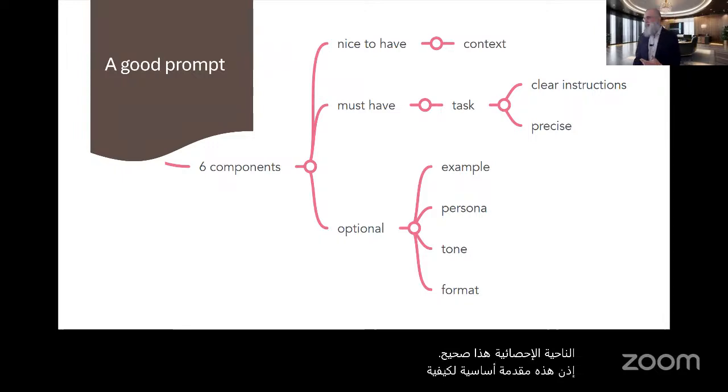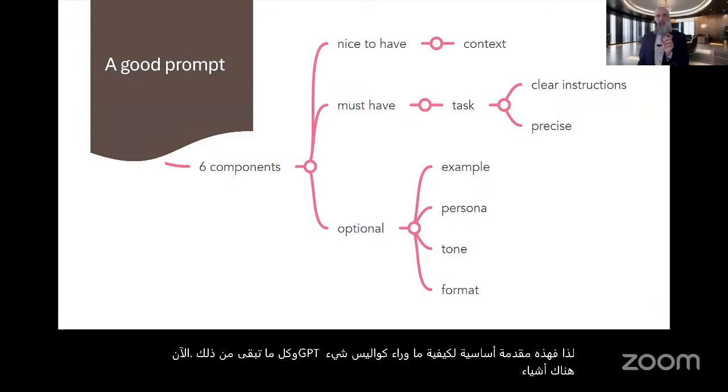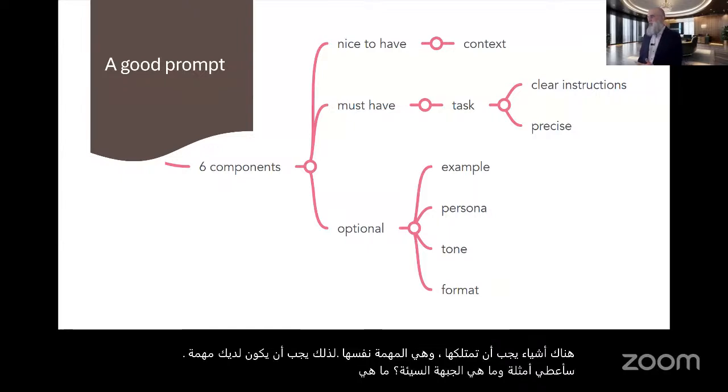rest. Now, there are things that you must have, which is the task itself. So you must have a task. I'm going to give examples of what is a bad prompt and what is a good prompt. We're going to experience this in a few moments.